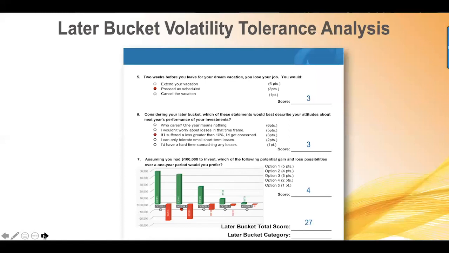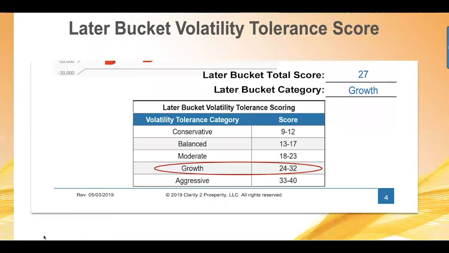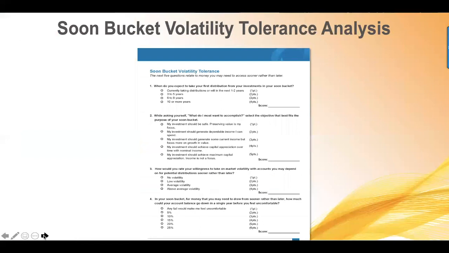So now let's tally up the score. 27, and you scored a growth category in the later bucket. And I'll explain to you what that means here in a minute. But very similar to how you just answered that last question, your growth, not the highest level, but second highest at growth. And I'll read to you what exactly that means here in a few minutes.